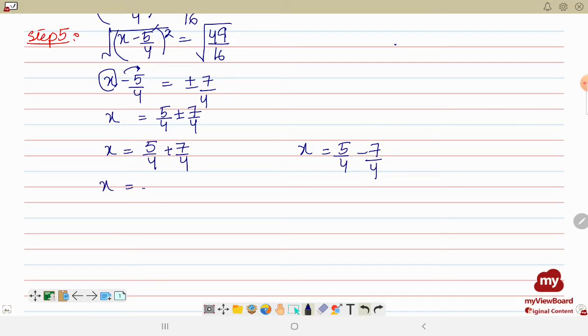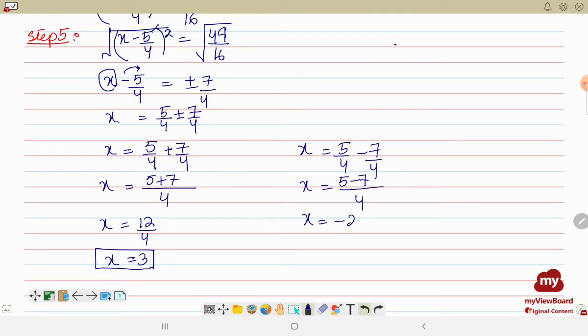So here we have to simplify the right hand side. 12 by 4, and that comes out to be 3. And once again we have to simplify it. It comes out to be minus 2 by 4, and that is minus 1 by 2. So we got two answers.